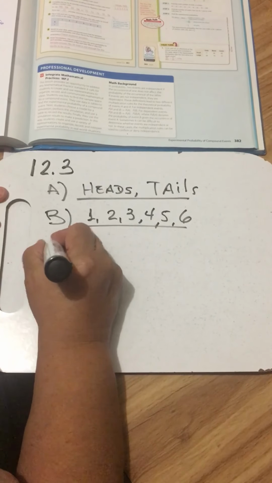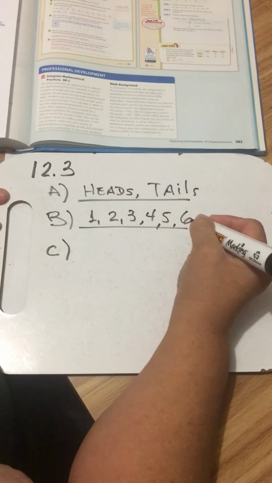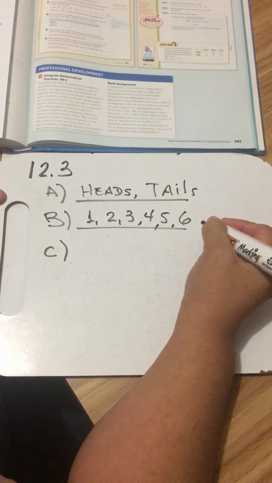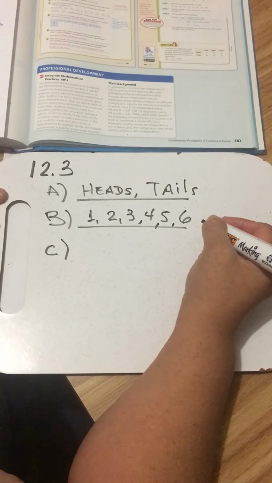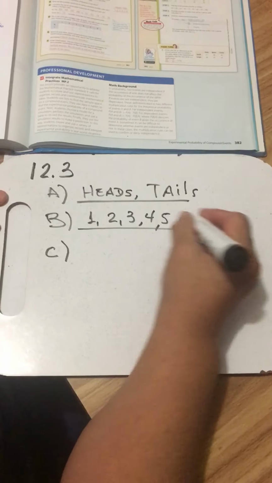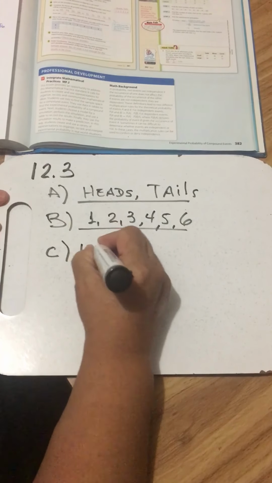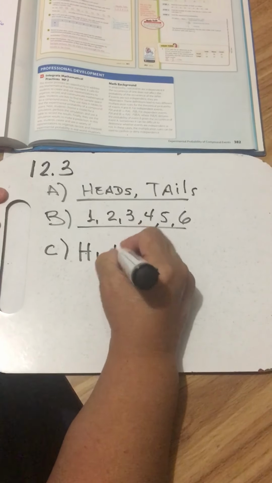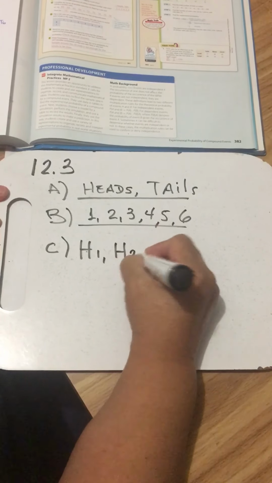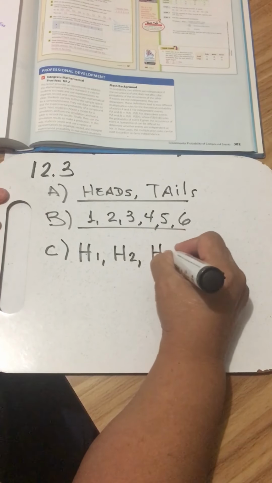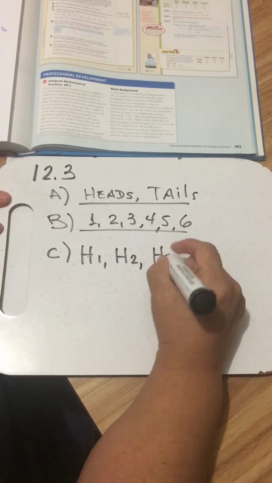Okay, it's going to be C. Complete the list of all possible outcomes for flipping a coin and rolling a cube. Then you have head and obtain 1, head and obtain 2, head and obtain 3, head and obtain 4, head and obtain 5, and head and obtain 6.